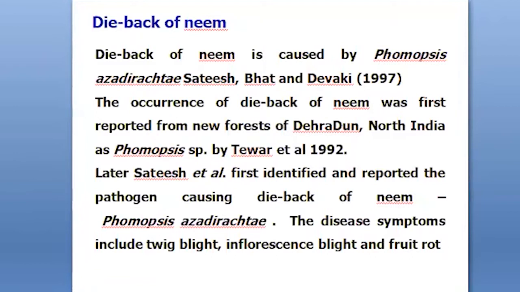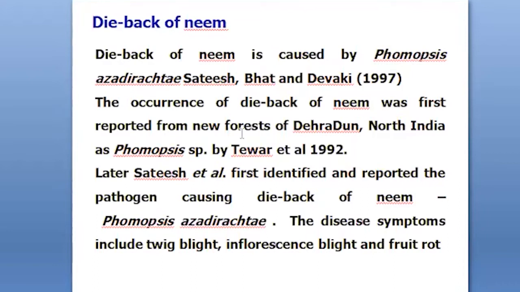Thereafter, Dr. Satish and his co-workers worked on dieback of neem, which was caused by Phomopsis azadirachtae. And they have identified this pathogen, though earlier Dr. Tiwari had identified it as Phomopsis species. Now they have identified the species which is infecting the neem.